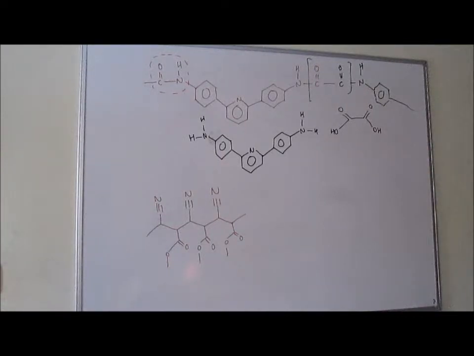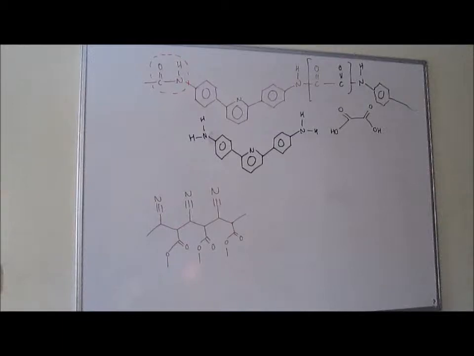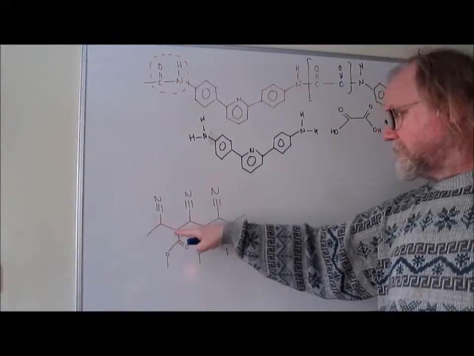Okay, so those would be the two monomers. So that's your dicarboxylic acid, and that's your diamine. And that one just looks a little bit odd, but that's of course a common compound which you'll have come across elsewhere.